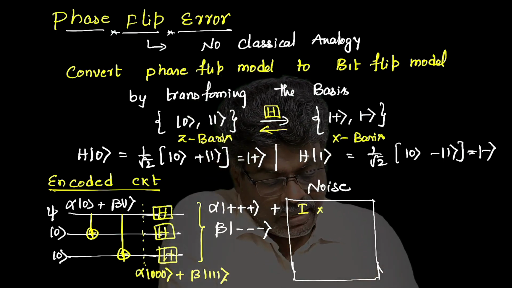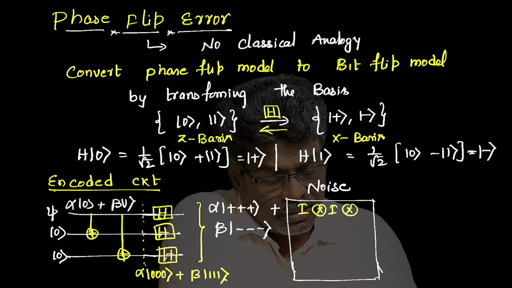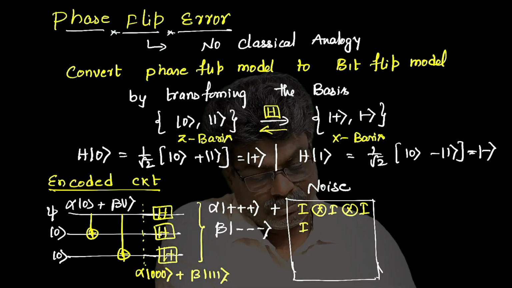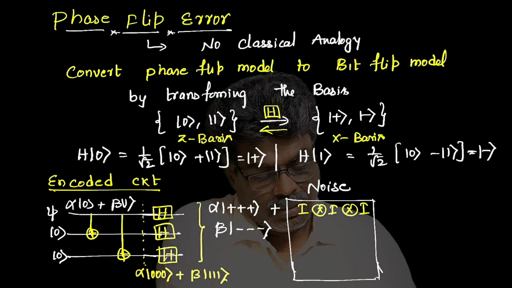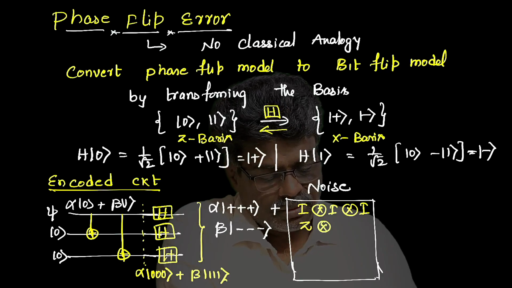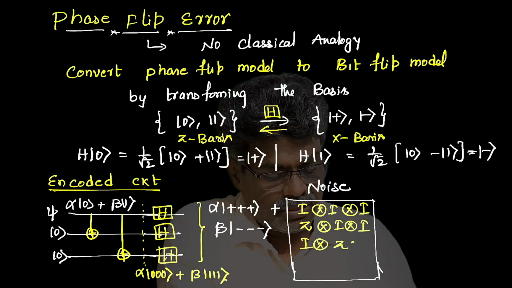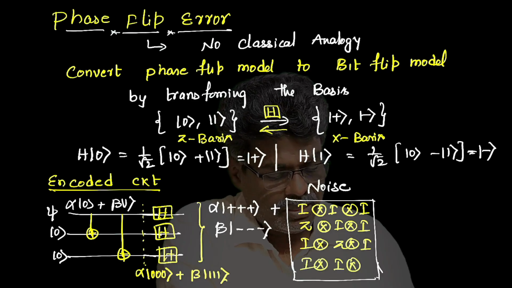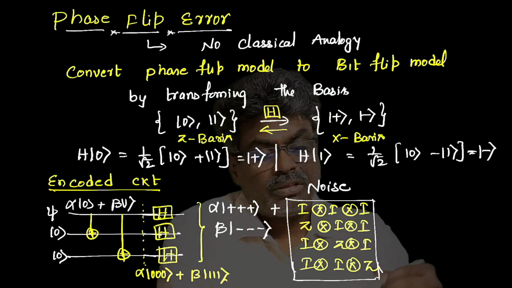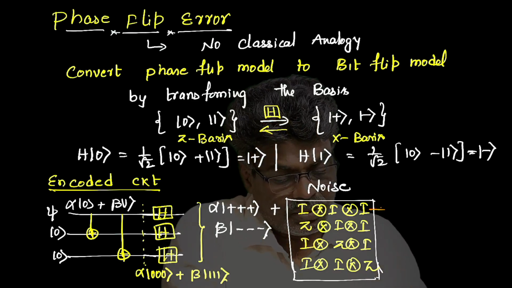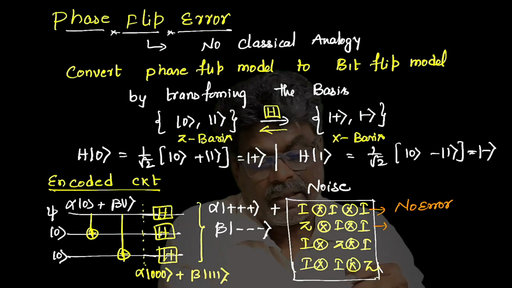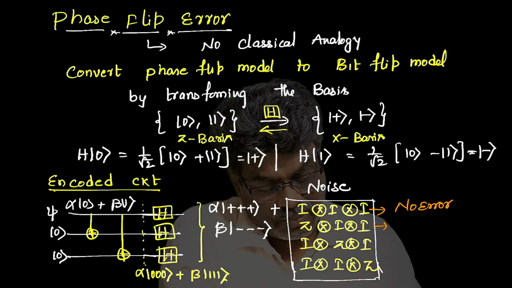Let us say I tensor I tensor I, and the next one Z I I, I Z I, and I I Z. So for the first one, there is no error, and here we have the Z gate.